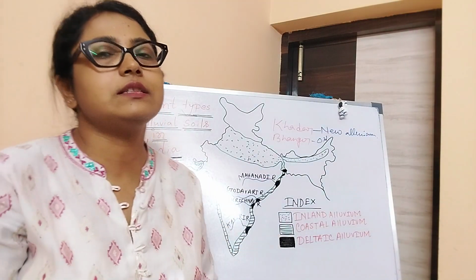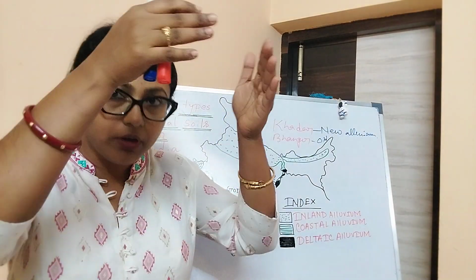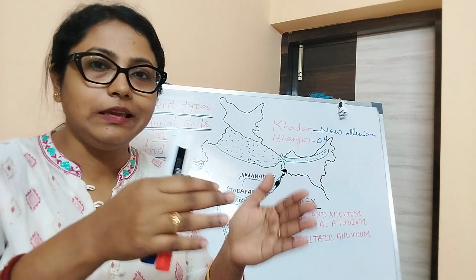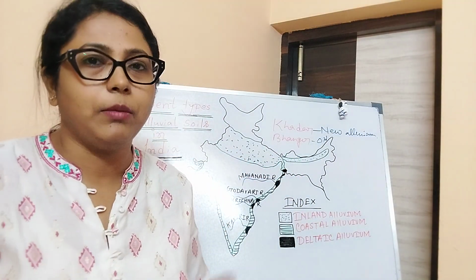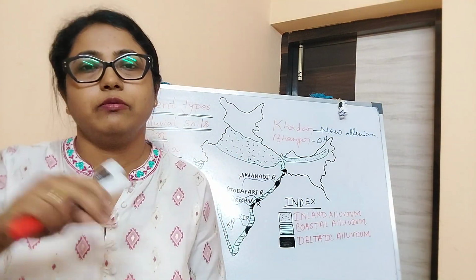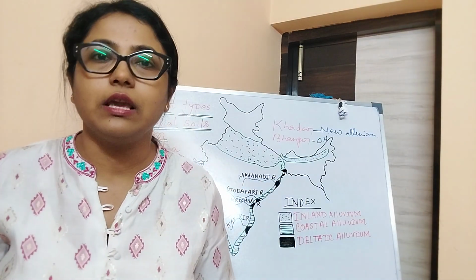Mainly the coarser sediments are deposited along this region, because you know whenever a river is flowing down from the hill region, it brings with it different types of sediments. Some are coarser, some are finer, some are very fine. In this way, the river is bringing the sediments.